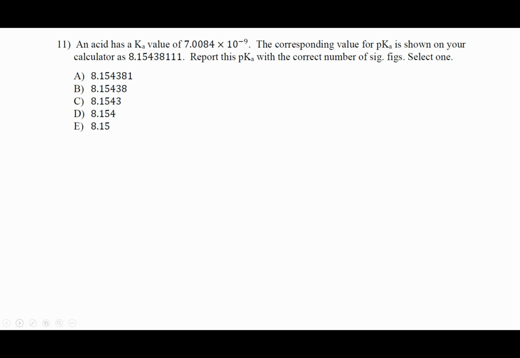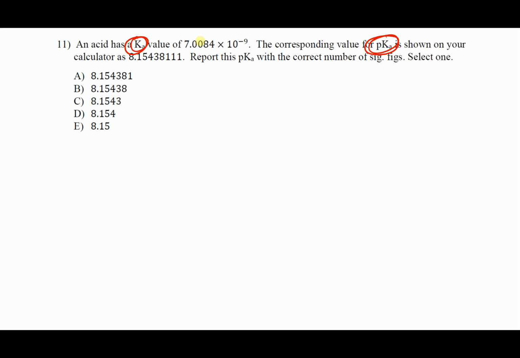An acid has a Ka value of 7.0084 times 10 to the minus 9. The corresponding value for pKa is shown on your calculator as 8.1543811. Report the pKa with the correct number of sig figs. Remember, we have a Ka value, which is a normal number, and I'm asking for the logarithm of that number.